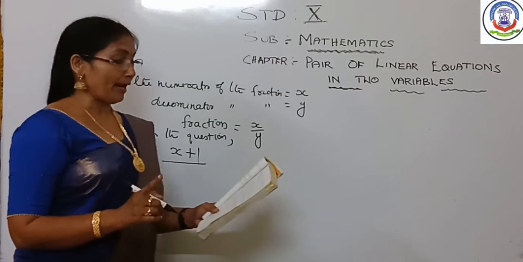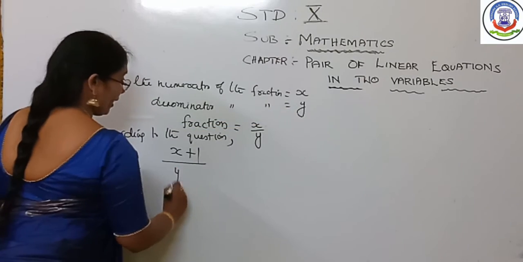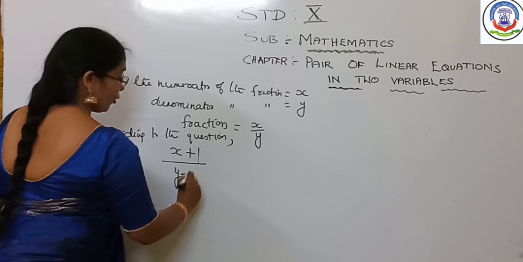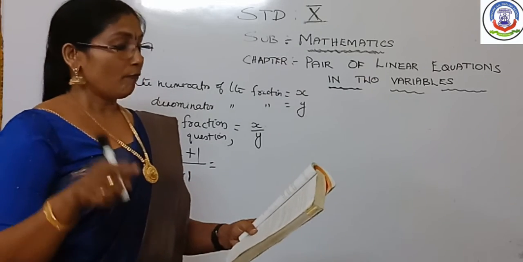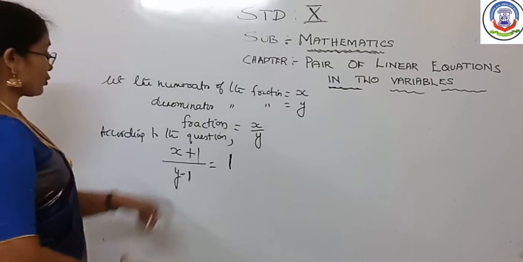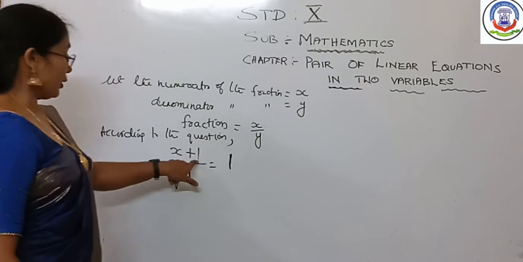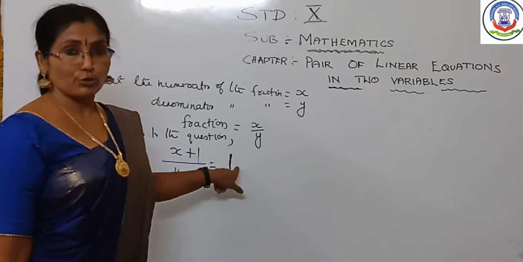We subtract 1 from the denominator, which is y, so y minus 1. The fraction reduces to 1. That means if you add 1 to the numerator and subtract 1 from the denominator, the fraction reduces to 1.